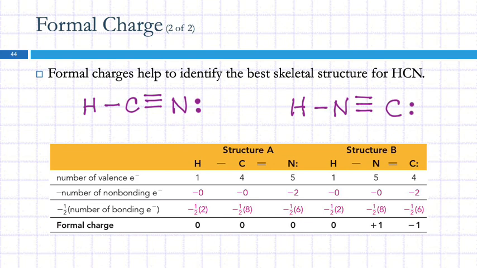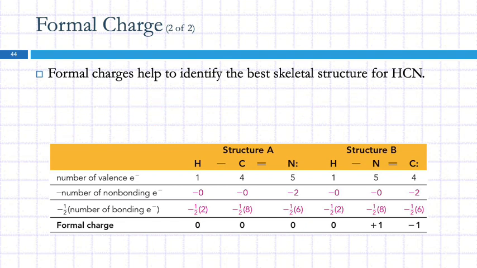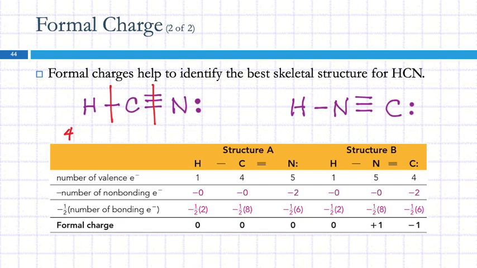Okay, we're still cutting the bonds in half. Looking at the carbon, it came with 4, and it's leaving with 1, 2, 3, 4.